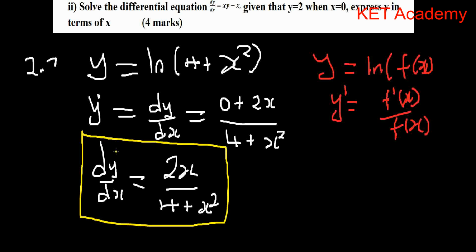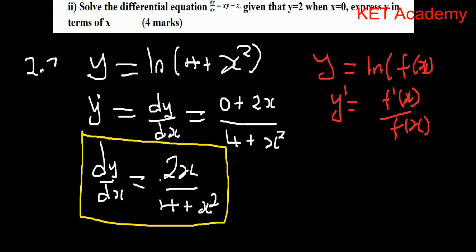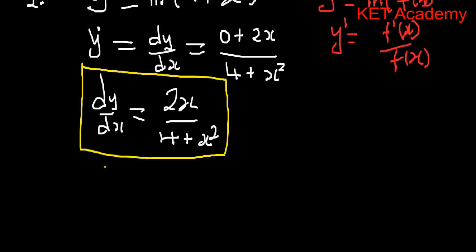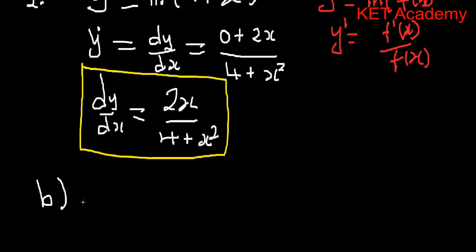So question 2 states the equation of the tangent and the normal to the curve y equals ln of 4 plus x squared at the point where x is equal to 1. Now the equation of the tangent: to get the equation of the tangent, the general formula, so that's our b, is given as y minus y1 equals mt into x minus x1.